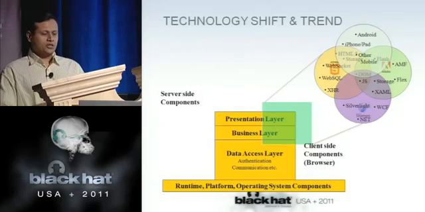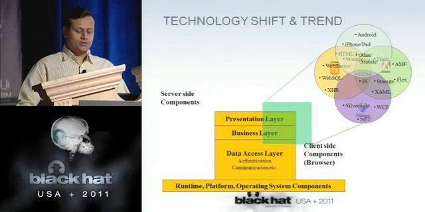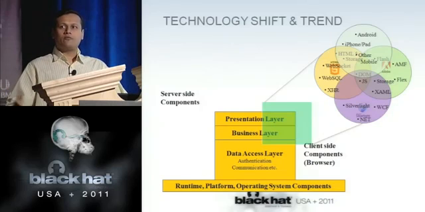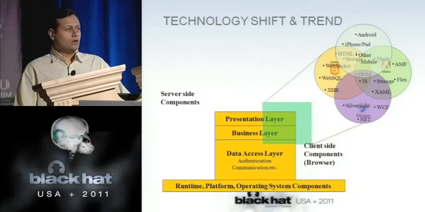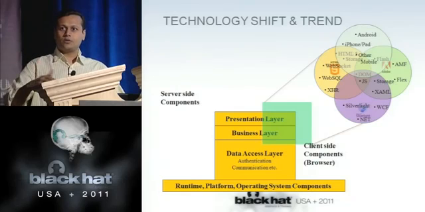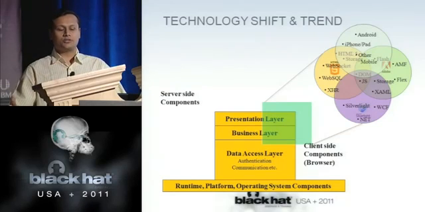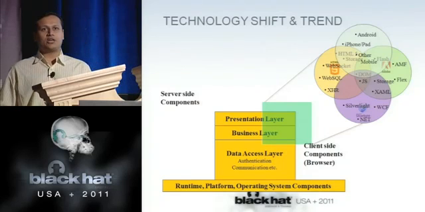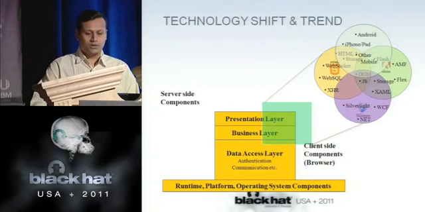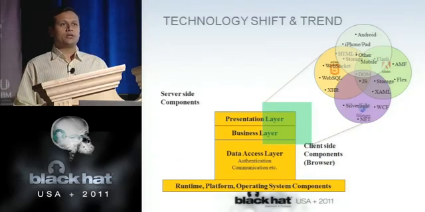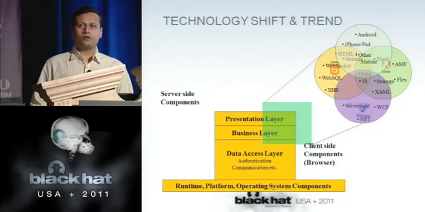So one of the major technology shifts which you can see in the past, when we were looking at Web 1.0 applications, we had complete layers where we say, okay, this is my data access layer, runs on the server, this is my business logic layer, runs on the server, and this is my presentation layer which runs using HTML and JavaScript in my browser. Now that particular layer is essentially what has changed with the introduction of these new technologies.